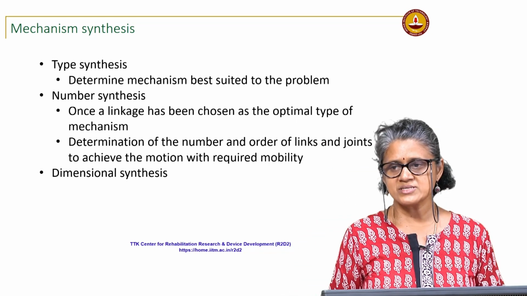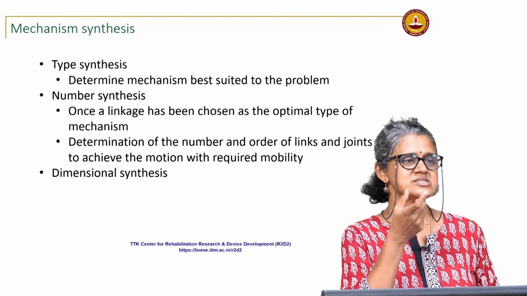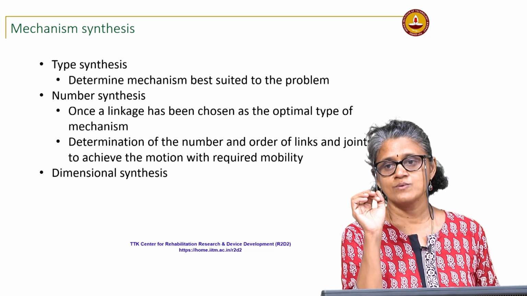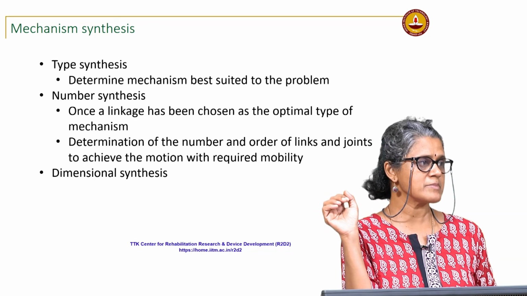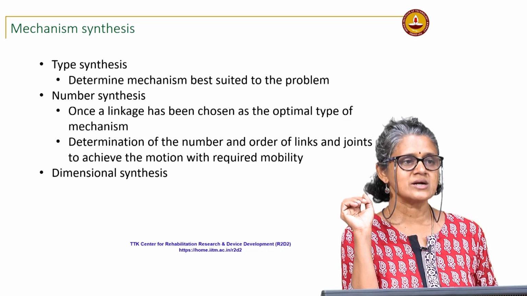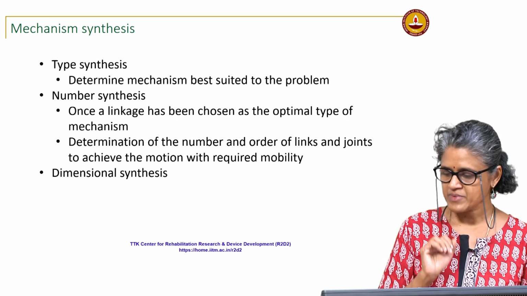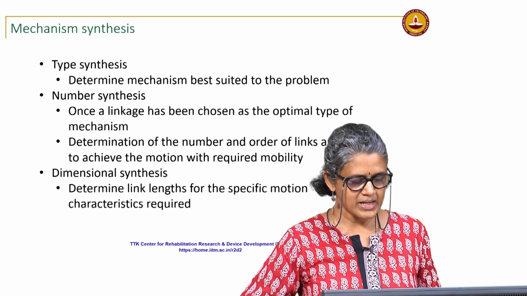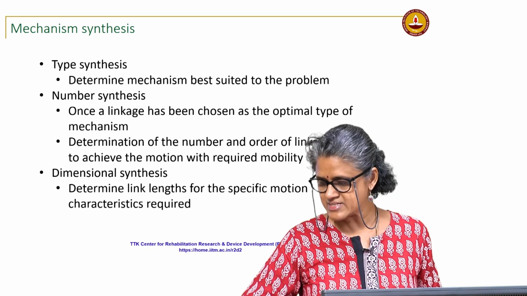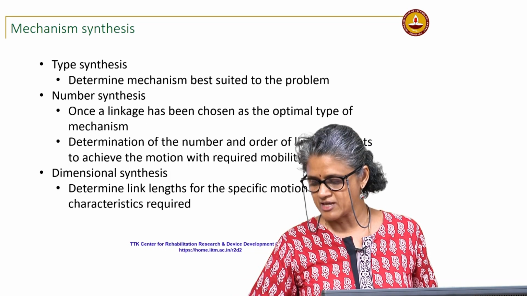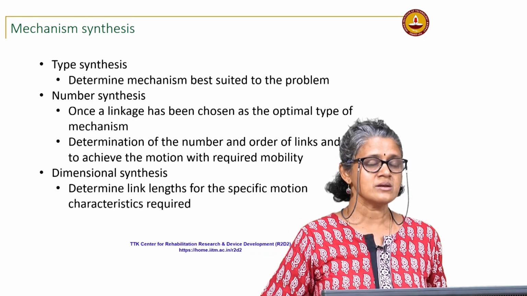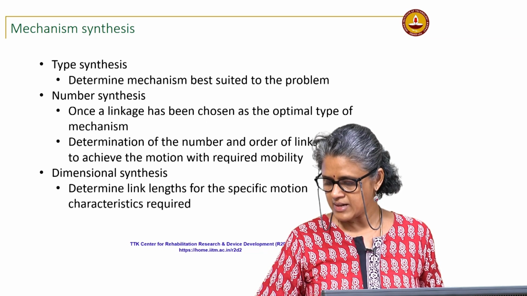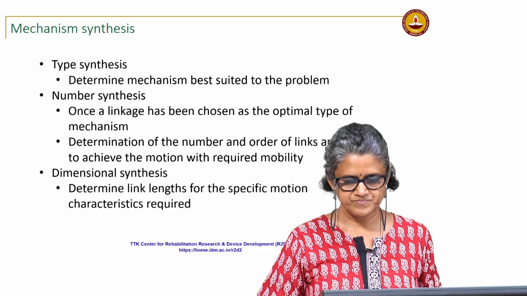Now, what you want is to determine the dimensions of the links in order to solve your particular problem, in order to achieve the particular task that you are looking at. So, that is dimensional synthesis. You have specific motion characteristics, that is what you are designing for, and you want to determine what should be the link lengths for that particular linkage that you are going to design.